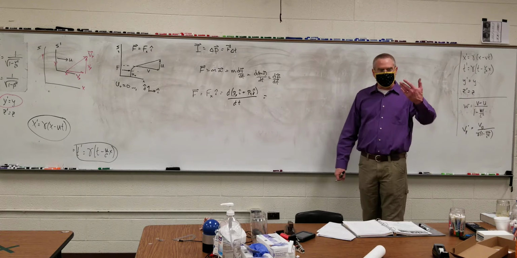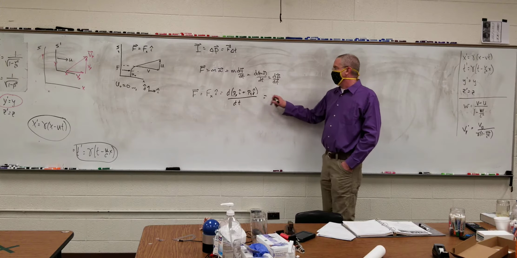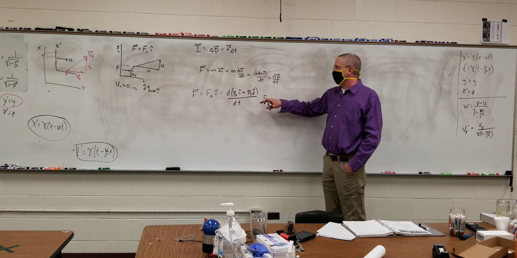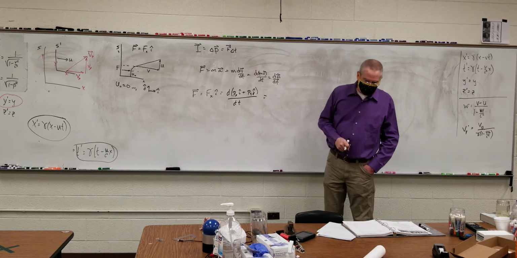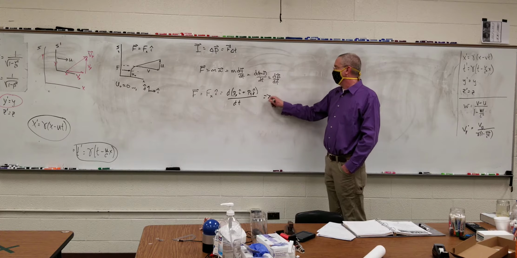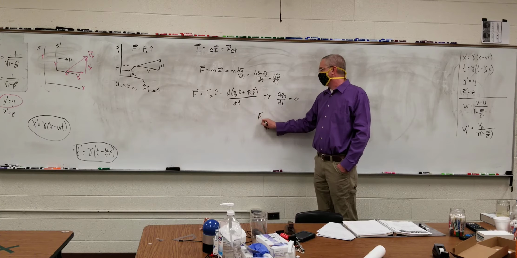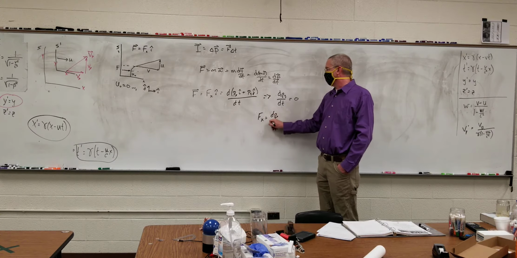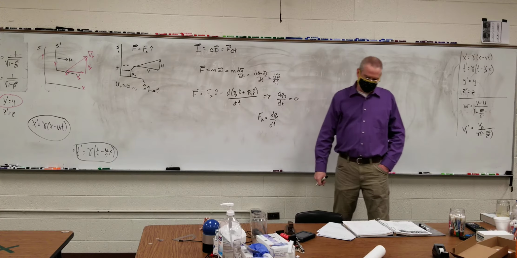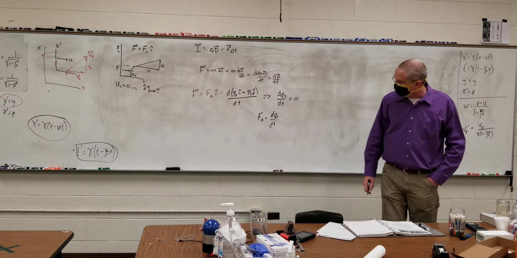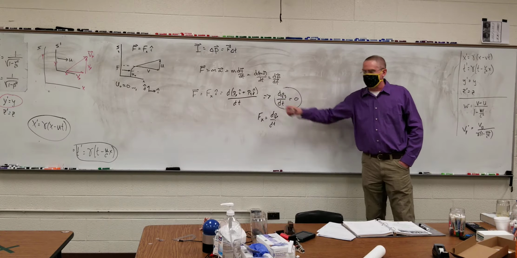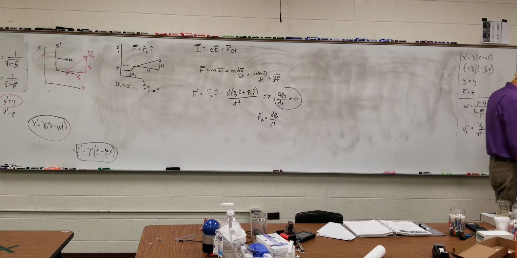Now, since the force is only in the i hat direction, the j hat part must be equal to 0. So dpy/dt must be 0. Then F(x) must be equal to dpx/dt. It's this part right here that matters to us.